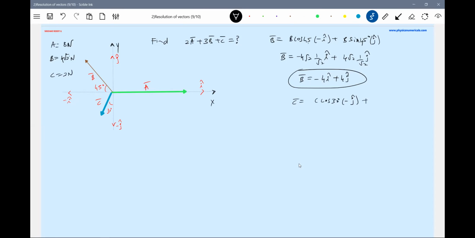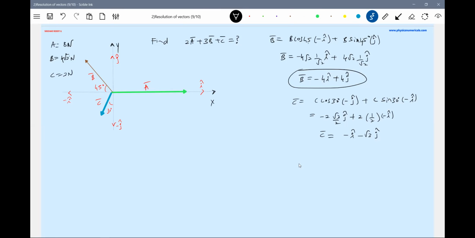Already we have discussed. So this will become C sine. Okay, value of C is 2, root 3 by 2 minus J cap, 2 minus I cap. So this will become minus I cap minus root 3 J cap.